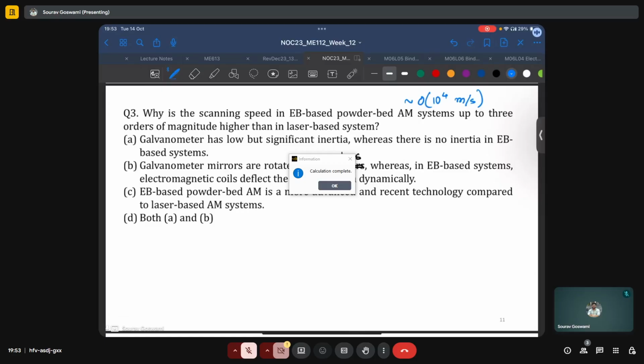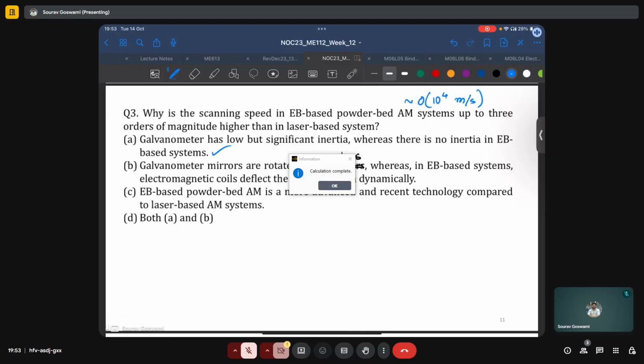The mass and therefore the inertia associated with these mirrors is indeed low. However, it is not zero. Whereas in the case of electron beam based systems, there is simply no such mass inertia type consideration. And so option A is indeed correct.